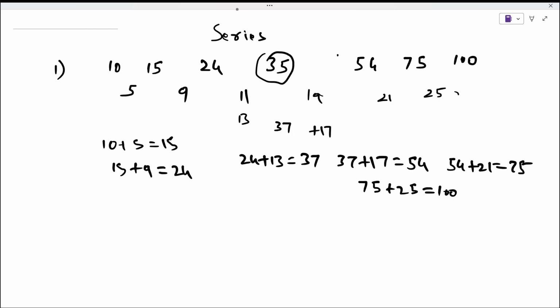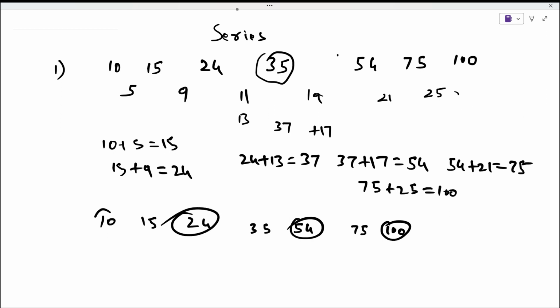Now, let's look at this series again. 10, 15, 24, 35, 54, 75, 100. Here you can see even numbers, right? And you can see odd numbers also. When a series is moving between even and odd, any number multiplied by even will always result in even, right?